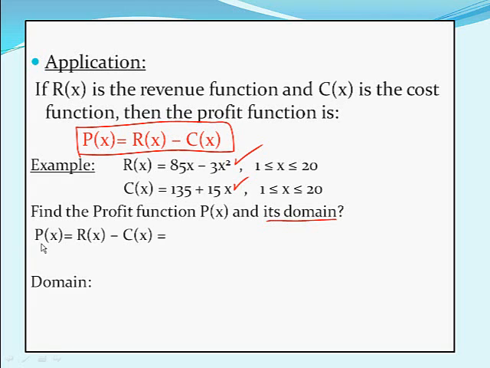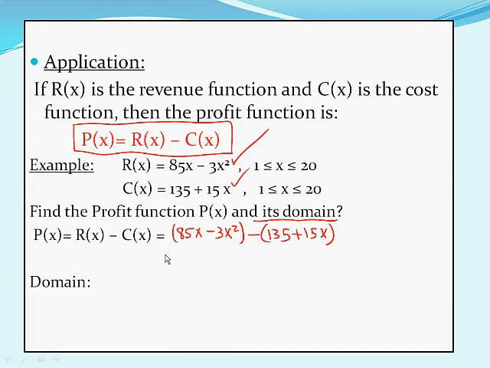Let's do the calculation here. p of x equal to r of x minus c of x. Now if I replace r of x, I will get 85x minus 3x squared. Then subtract c of x, and c of x contains two terms, so I need to use parentheses around 135 plus 15x. When we simplify this, we will get 85x minus 3x squared.